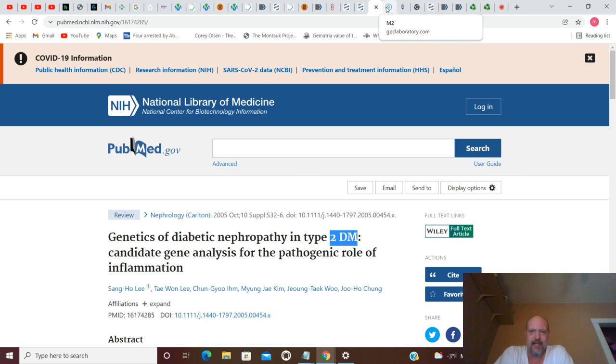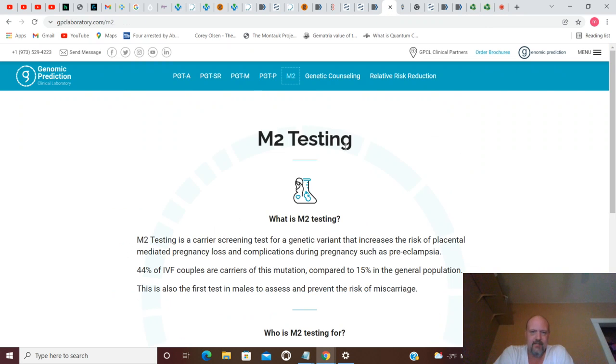All right. If we move on from that, you have M2. How about M2 testing? M2 testing is a carrier screening test for a genetic variant that increases the risk of placental mediated pregnancy loss and complications during pregnancy, such as preeclampsia.